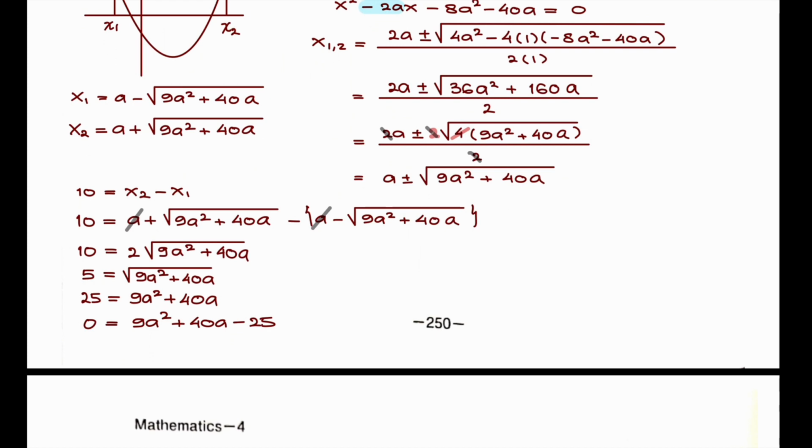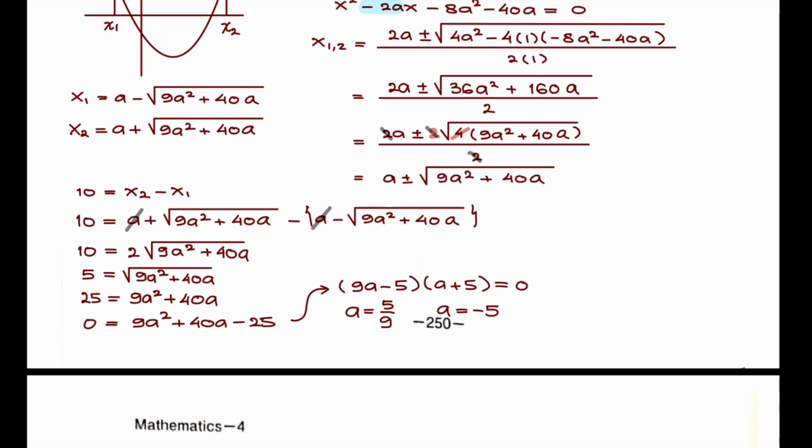Okay, you will get 9a minus 5 and then a plus 5 equals 0. Then a is equal to 5 over 9, or a equals negative 5.